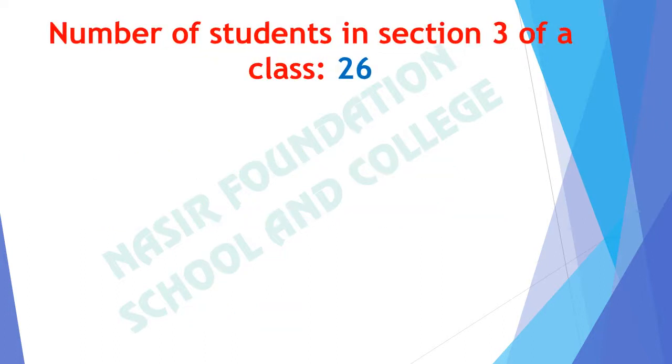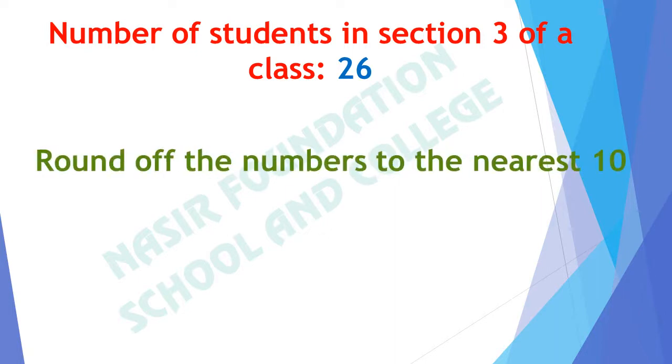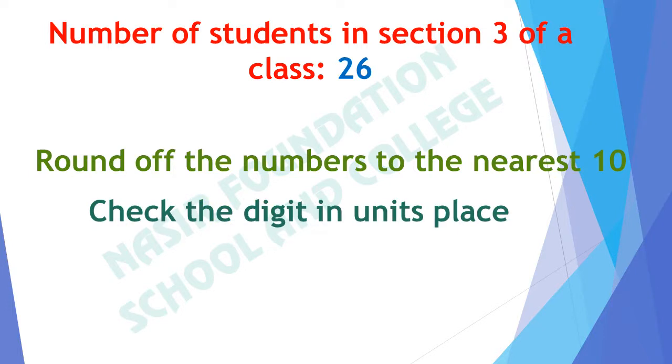Number of students in section 3 of a class is 26. Round off the number to the nearest 10. The first step is we will check the digit in units place. And the digit in units place is 6. And 6 is greater than 5.